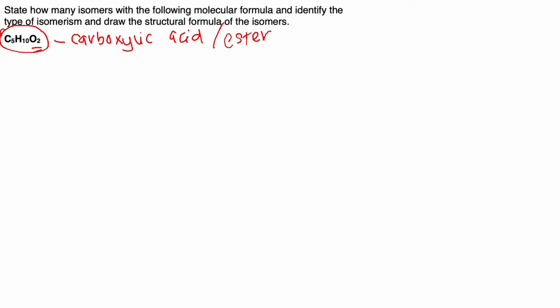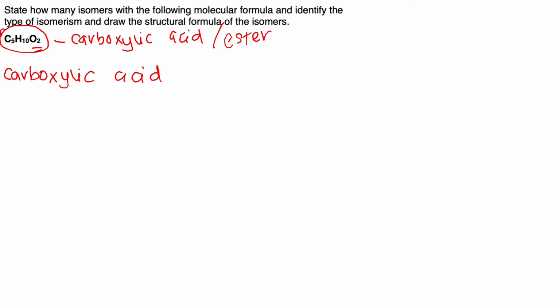Okay, second step, we start with carboxylic acid first. Okay, kita mulakan dengan carboxylic acid terlebih dahulu. So how do you know how many carboxylic acid that you can produce? Okay, so first thing, kita construct the longest carboxylic acid first.